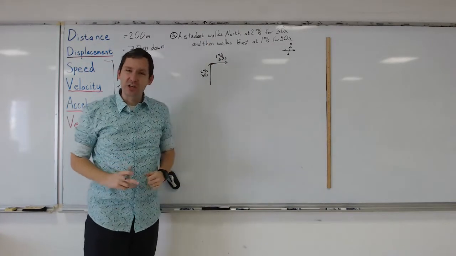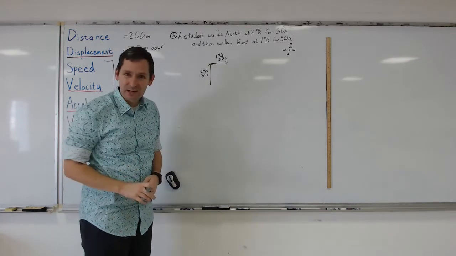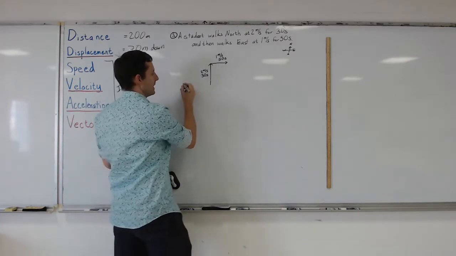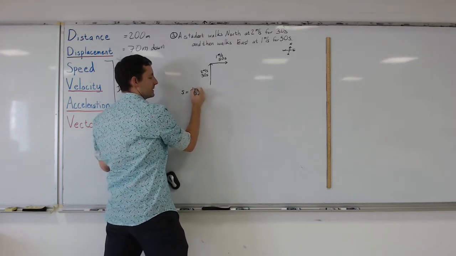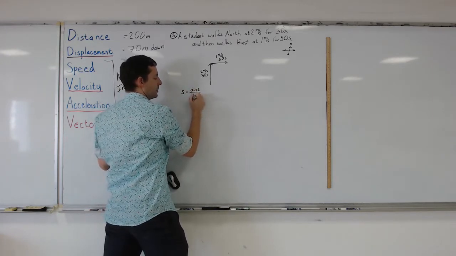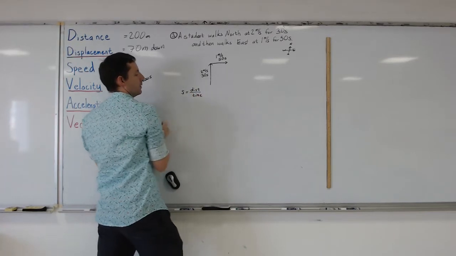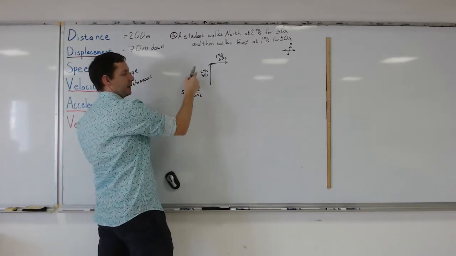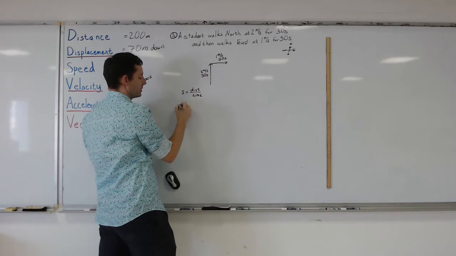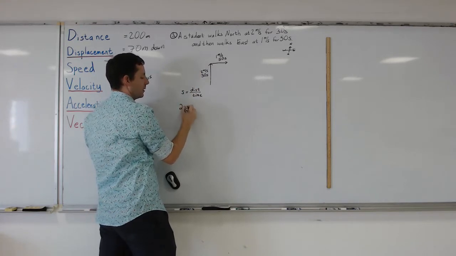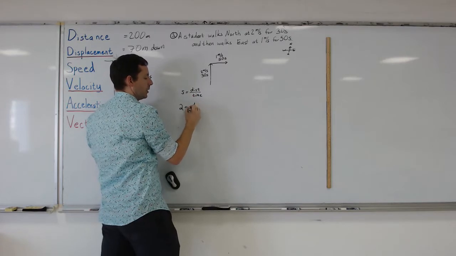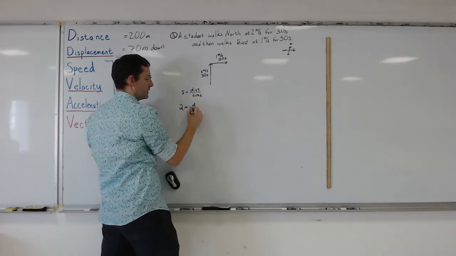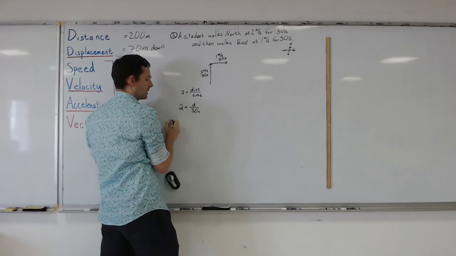Now, the first question is, what's the distance traveled? The formula says that the speed is equal to the distance over the time. My speed here is 2 meters per second, so I'll just put 2 there, is equal to the distance, which is what I'm looking for, over the time, which was 30 seconds.